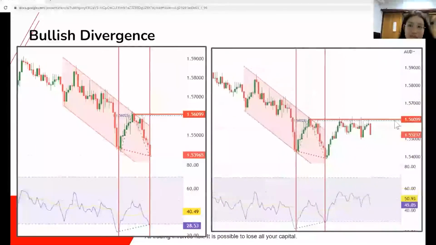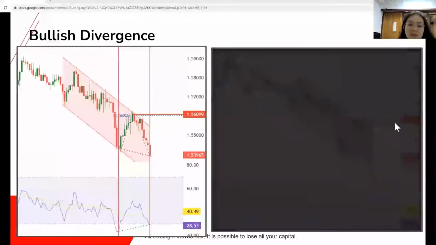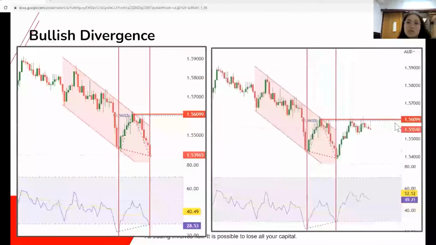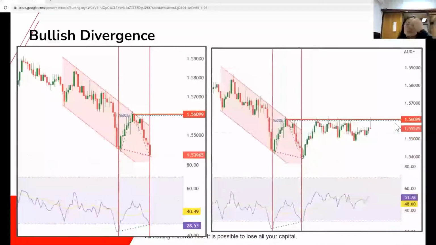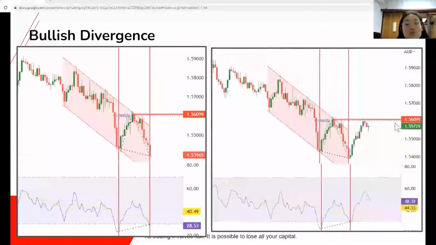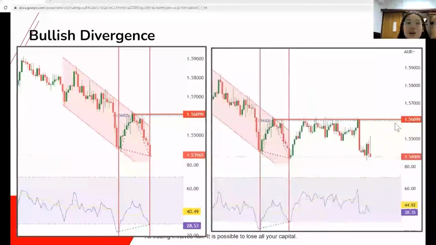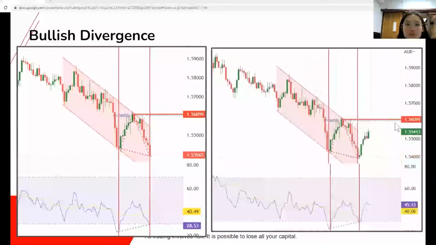Notice how it tests this level many times. And it tests this level so many times because of the strong resistance from the swing high as well as the Fibonacci projection.